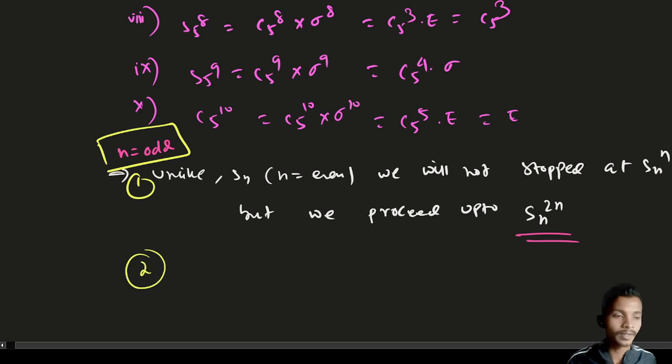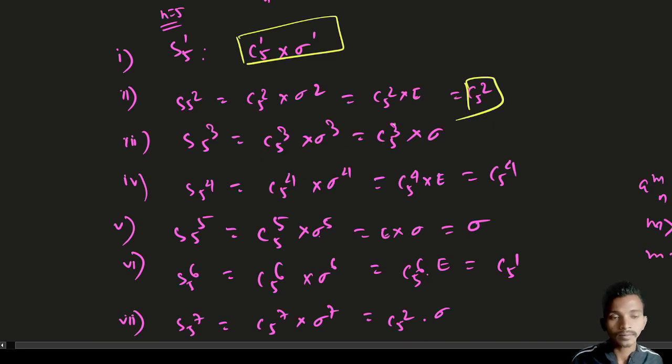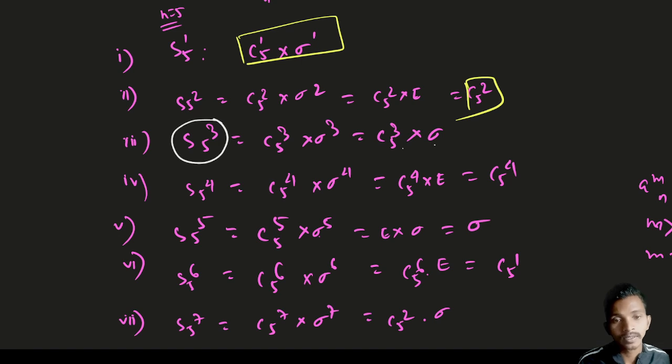And the second point, what we observe is how many operations are there here. If you see, wherever the sigma is coming, here see σ and S5^3 is there. It means this is S5^3 operations. So these operations we are getting, meaning improper access you are getting, but this is not improper access because this is proper access. C5^2 and E, which cancel out each. After that is this C5^2. This is proper access. So this we will not include because this is proper access. So how many improper accesses are you getting? This one, another is this one.